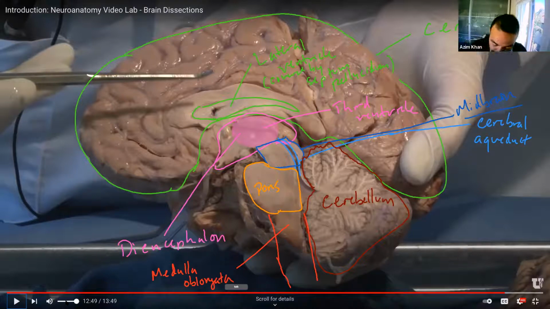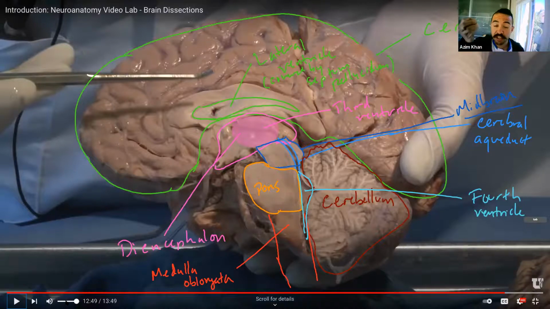The fourth ventricle is found in this space between the cerebellum and the pons. So the cerebral aqueduct leads into the fourth ventricle. And then the central canal, which continues from the medulla down to the spinal cord.